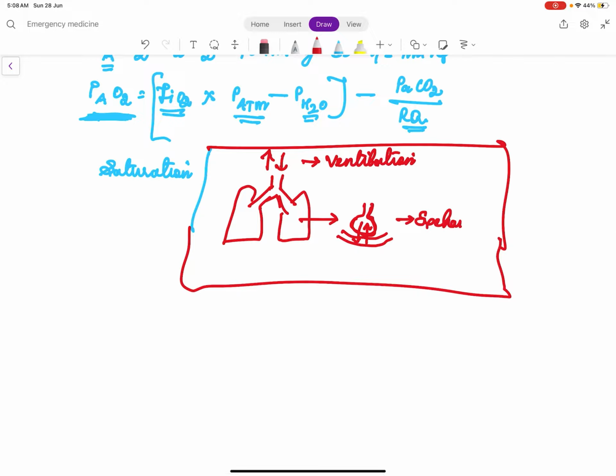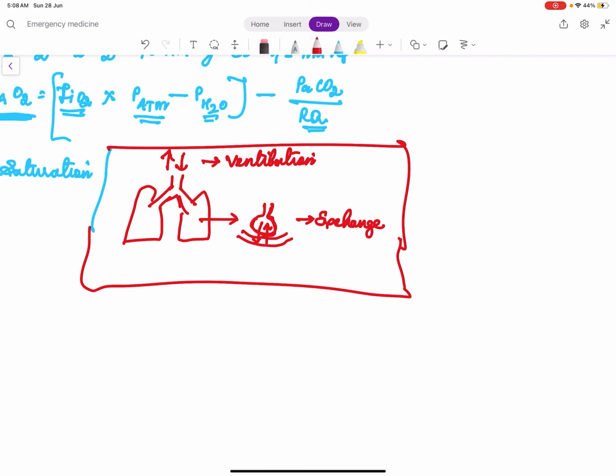We discussed this in one of our previous videos also. Respiratory failure is of 4 types: type 1, type 2, type 3 and type 4. Type 1 and type 2 are very important to know. Type 1 respiratory failure is a problem with this exchange phenomenon, whereas type 2 respiratory failure is a problem with ventilation.